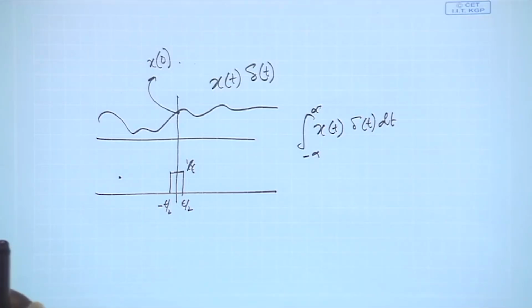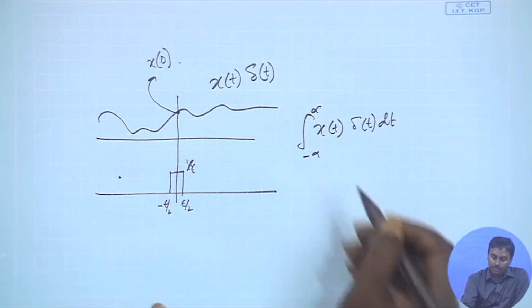As long as it is a continuous, differentiable, analytic function with all those nice properties, then I know that for very small epsilon it cannot deviate. So, as long as my epsilon is very small, within minus epsilon by 2 to plus epsilon by 2, it will always be taking value x0.